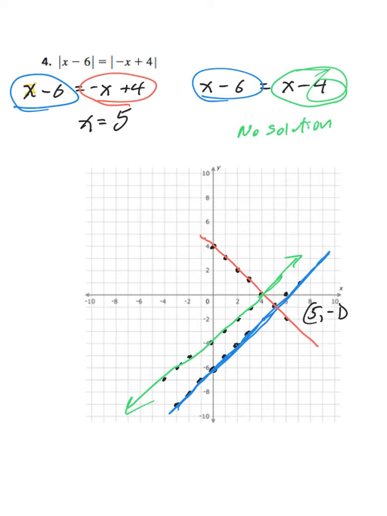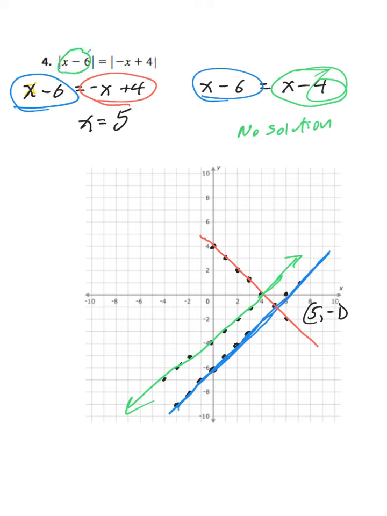Yeah, I don't get how you get the second one, the one to the right. Like I got the x minus 6, the negative x plus 4. Okay, so, all right, to write the two equations, you take what's inside here.